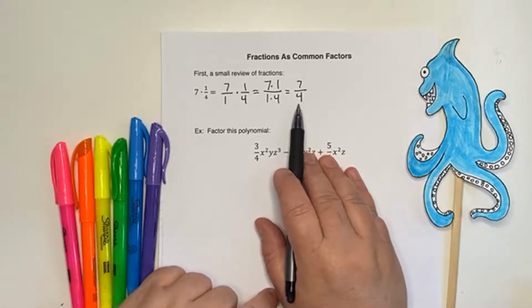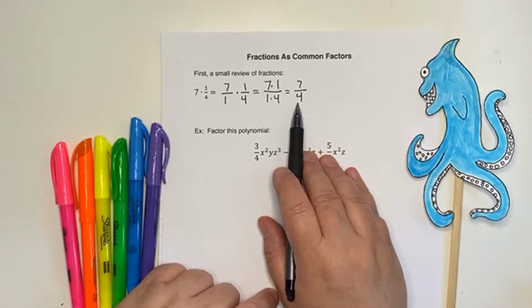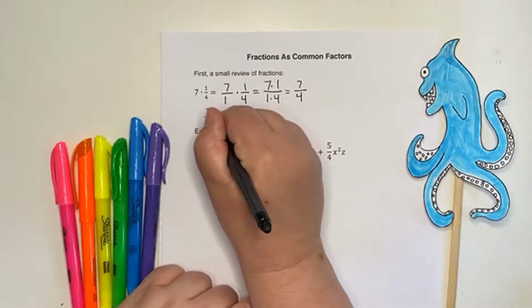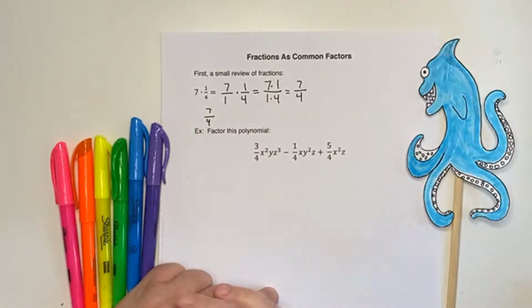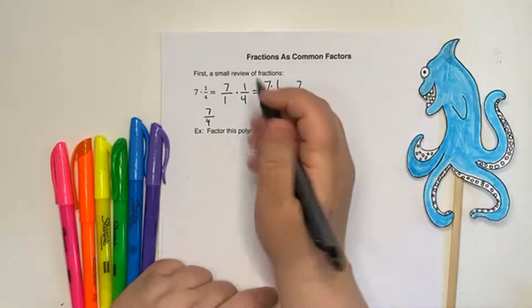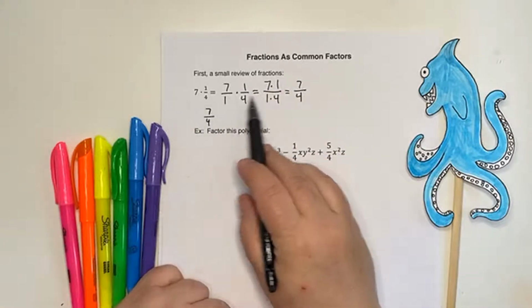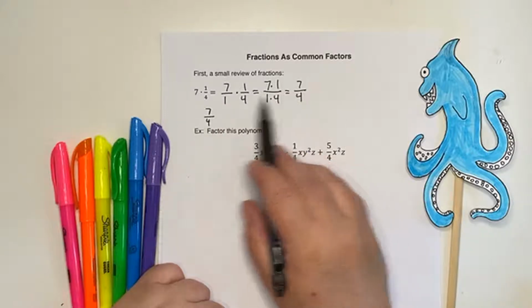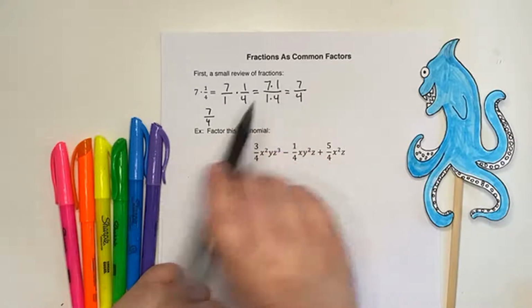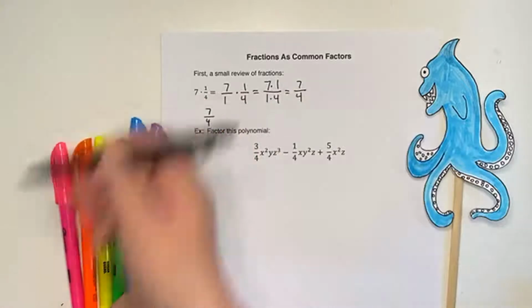Next, I want to talk about what happens if I start out with 7/4. Equals go in both directions, right? It's not just a one-way street. It goes both ways.